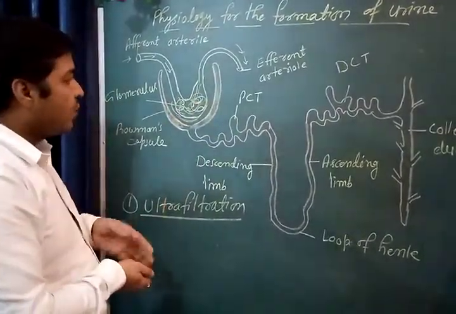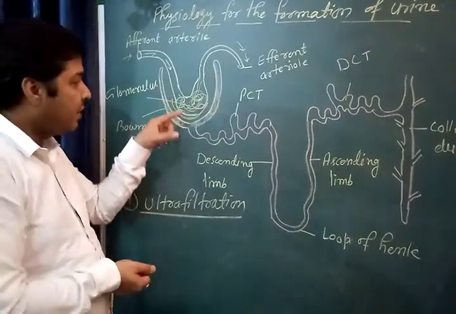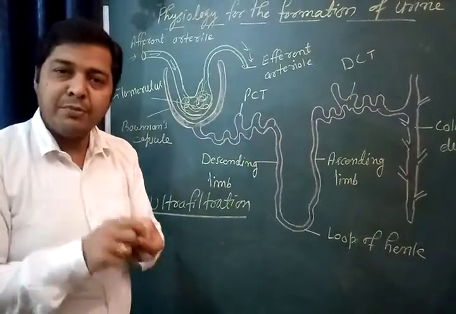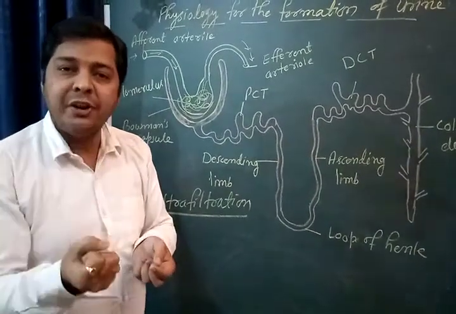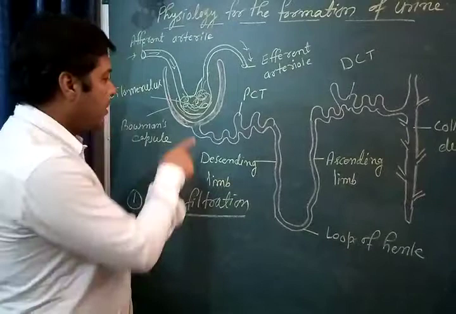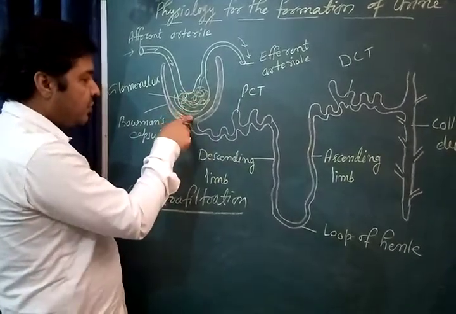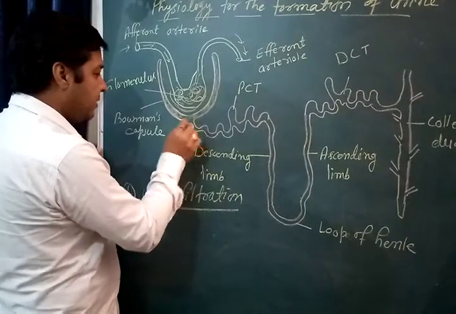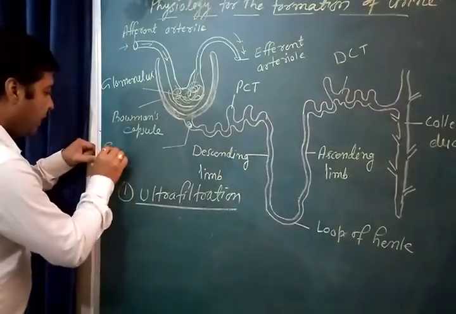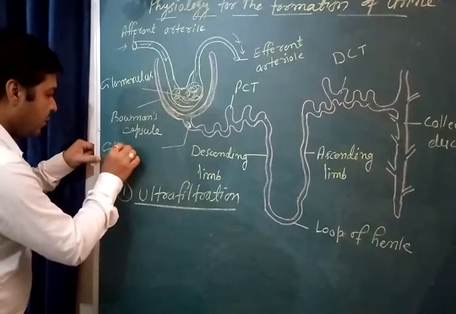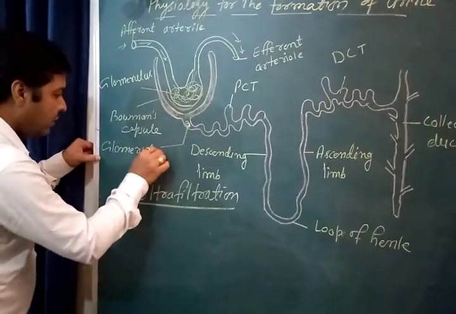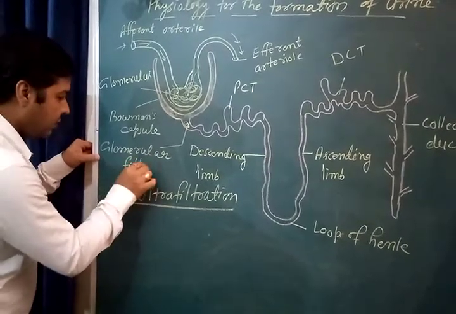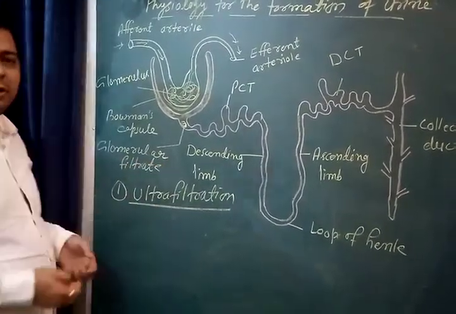So what happened? Because of the pressure exerted by blood in the glomerulus, some part of the blood starts filtering, moving from the glomerulus to the wall of Bowman's capsule, and it is collected here. This is called glomerular filtrate.